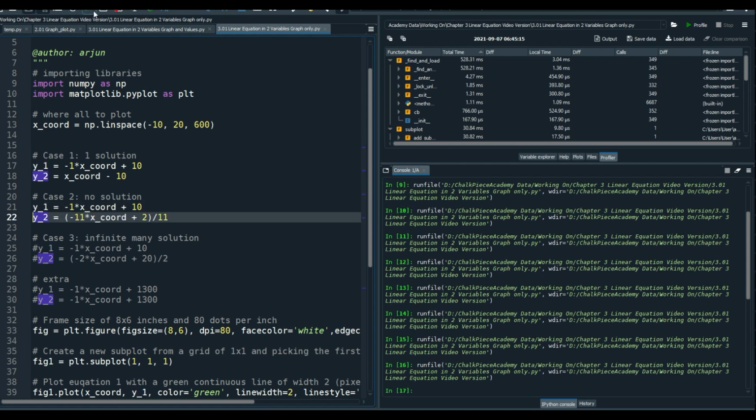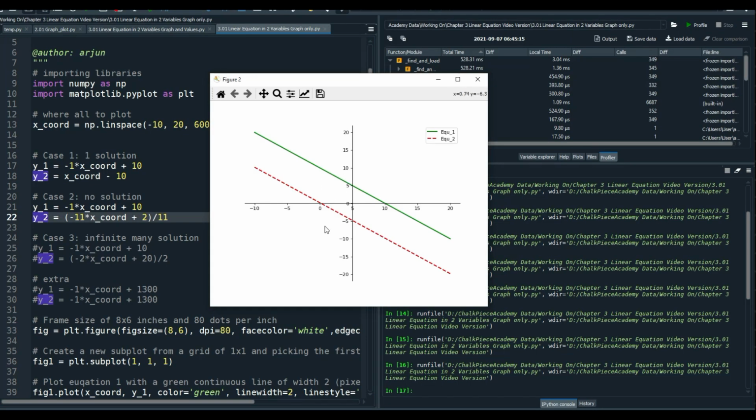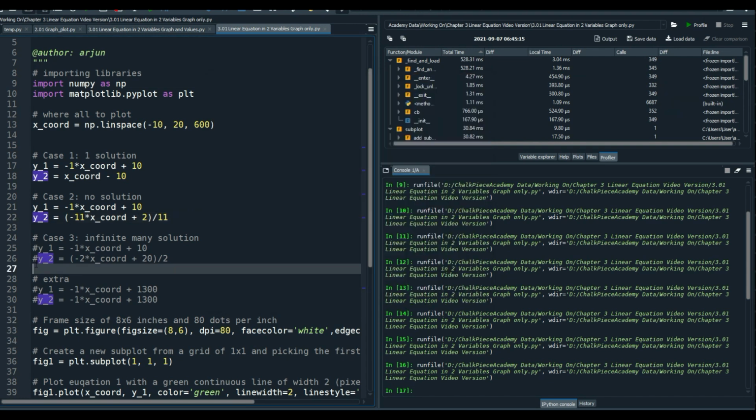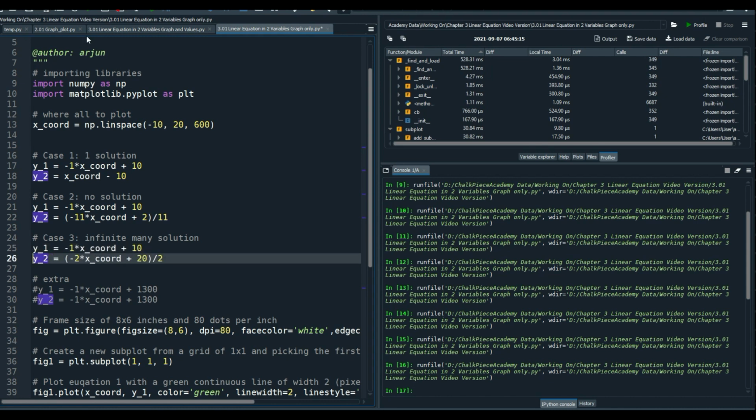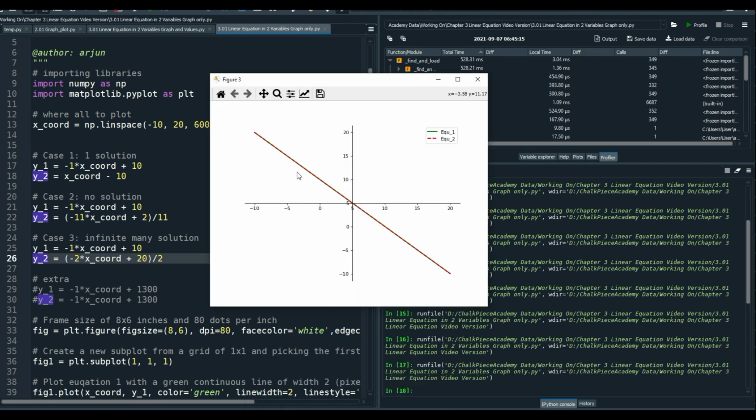So how does no solution look? Yes, they're parallel. They're like kids. They can't be near or far from each other. And we have infinitely many solutions. Married couple. So we're looking at, right?